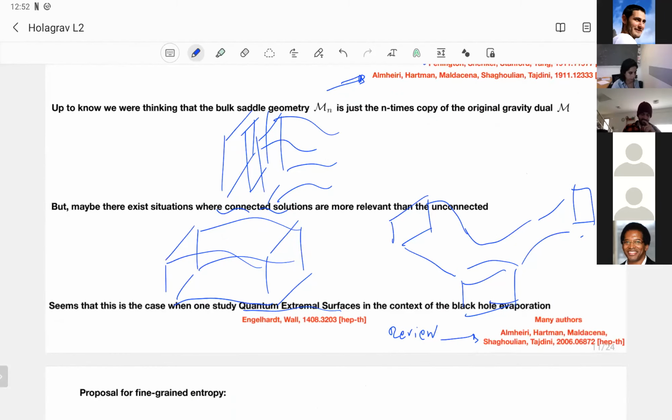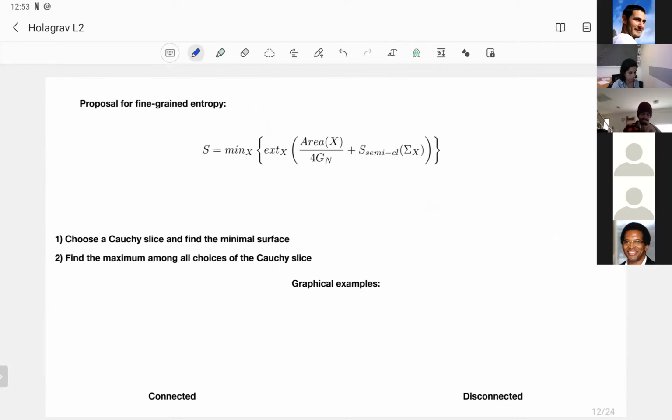What they say is that the proposal to compute the von Neumann entropy has to be modified or redefined, and has this expression. What you have to do is extremize and minimize this quantity that is called generalized entropy, that involves the area term that Takashi and I find, plus a correction.